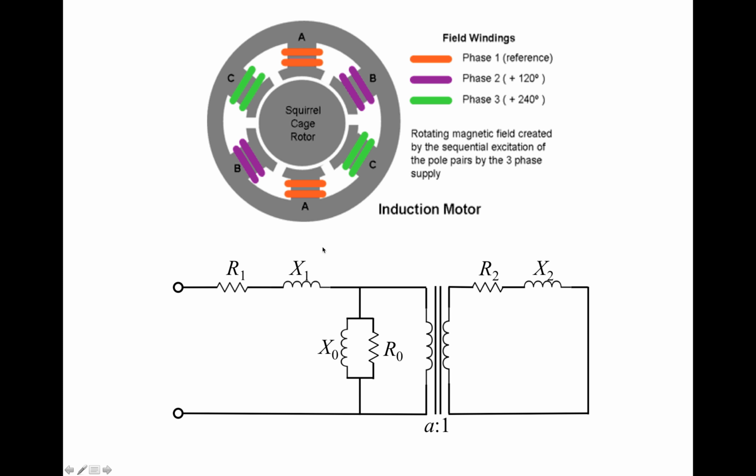For a squirrel cage rotor, this turns ratio A has to be converted to some equivalent value, because on the squirrel cage you don't really have coils or windings. So you have to convert the squirrel cage into some equivalent turns ratio. That's slightly more complicated, but in our study, we don't worry about that.